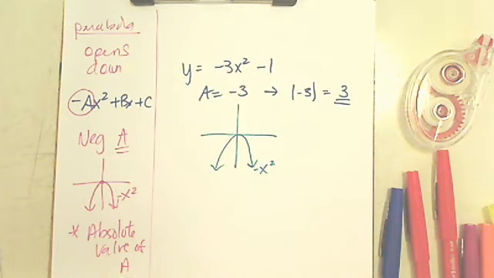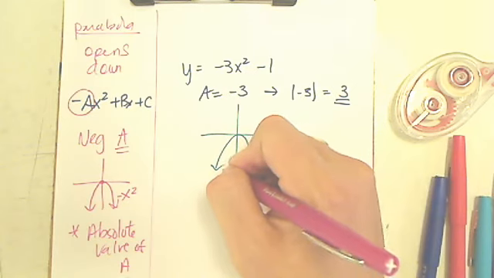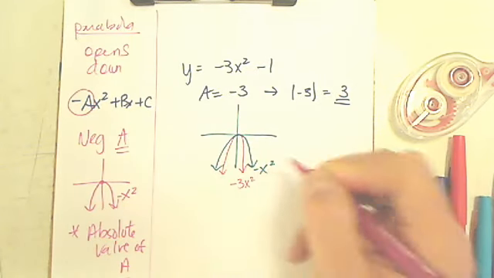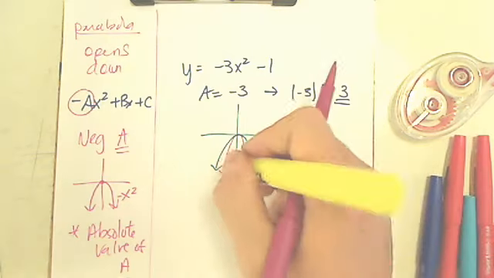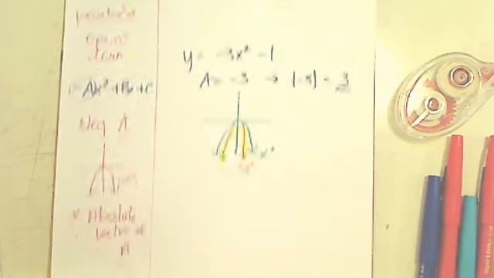If the A has an absolute value of 3, greater than 1, it's going to be narrower. So it's going to be within the mother function, negative 3x squared. It opens inside because the slope is much more. Again, with practice it makes sense.